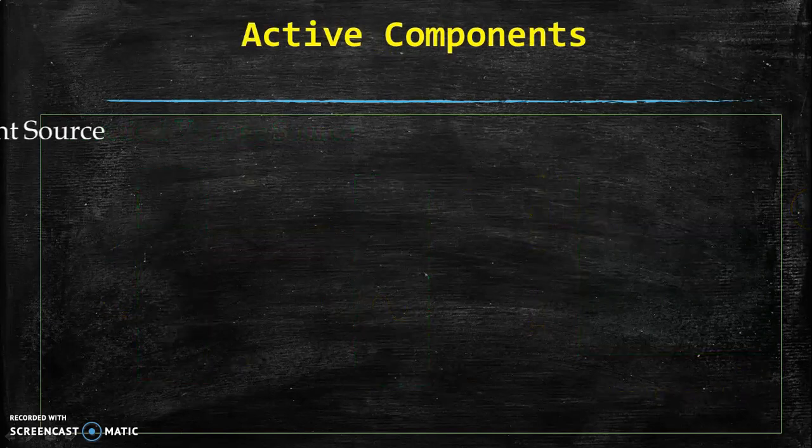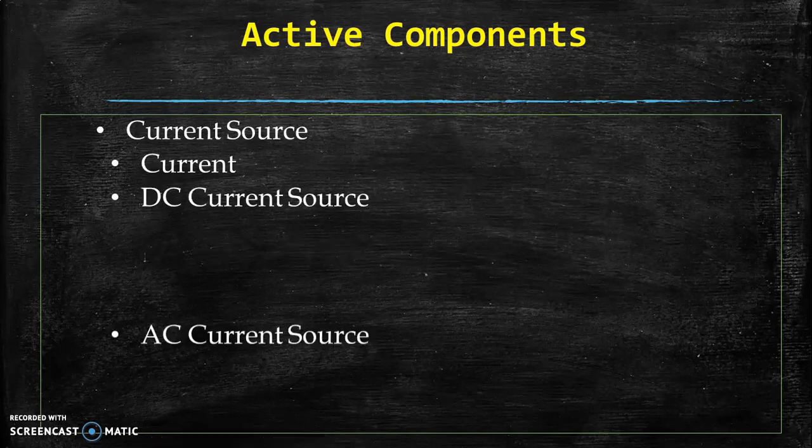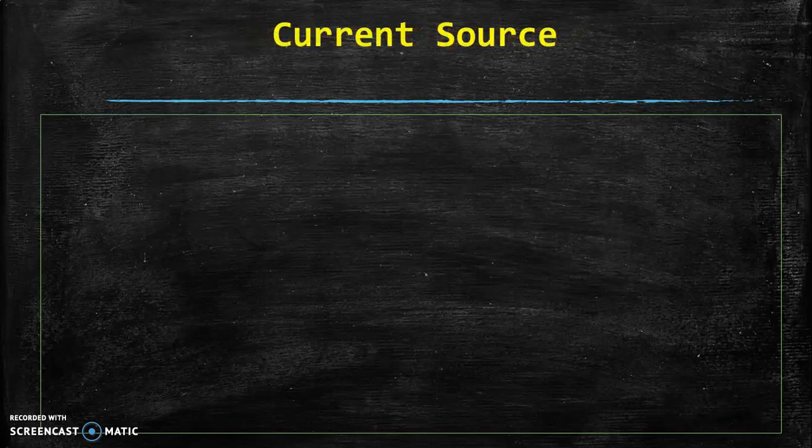Now let us consider current source. In case of current source, it supplies a constant current. It can be a DC current source, it can be an AC current source. So first we consider the ideal current source. We have the symbol for the current source.